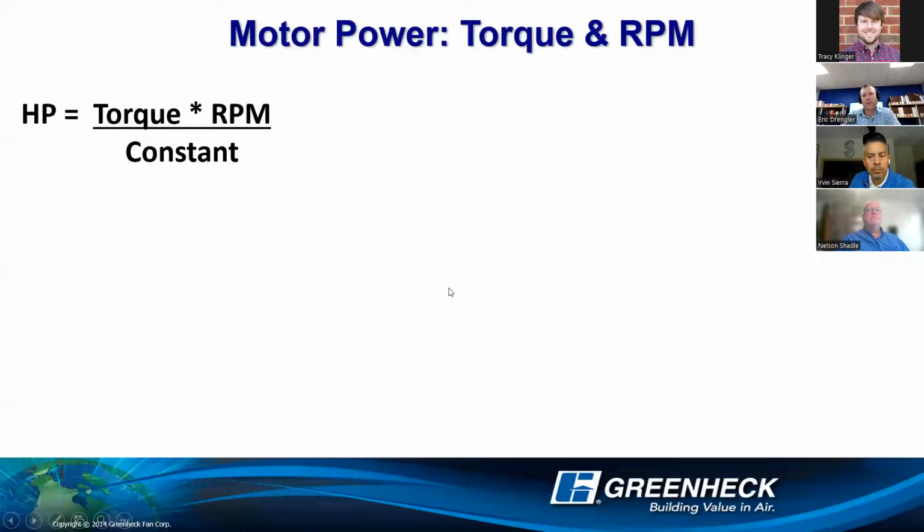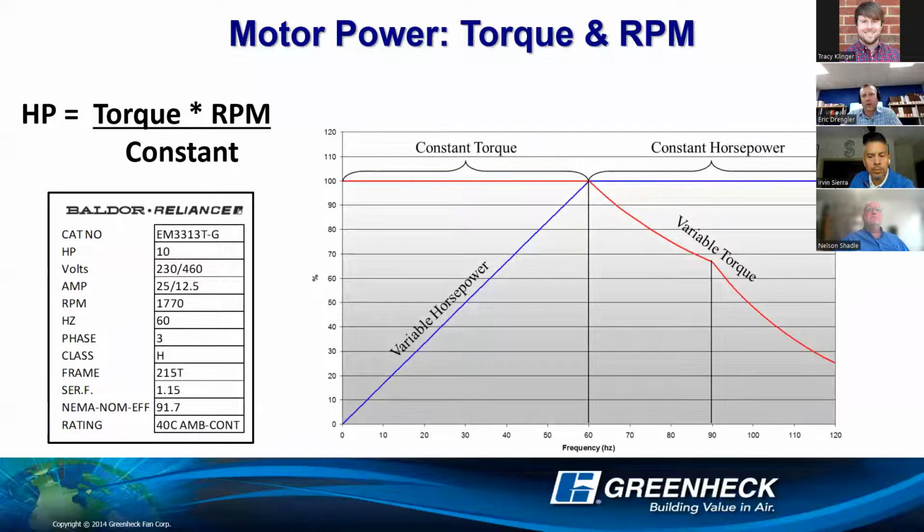And the reason is, when you look at a typical motor curve, the motor rating is at 60 hertz. In this case, I've got a 10 horsepower motor. It's going to produce 10 horsepower at 1770 RPM or 60 hertz. If I slow down that motor, I'm in the constant torque region of the curve. If I speed up the motor, I'm in the constant horsepower portion of the curve.